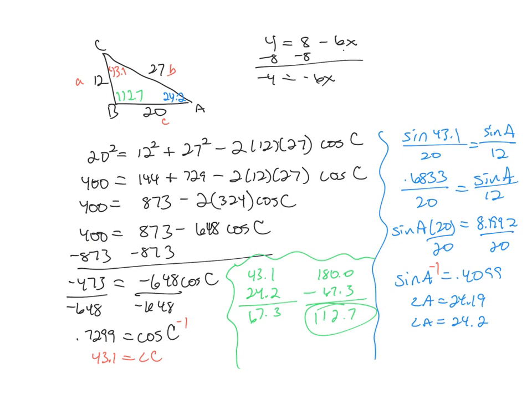Whew. So long problems. Okay. My answer makes sense. Longest side is crossing the longest angle. Middle side is crossing the middle angle. Smallest one, smallest one. So I'm reasonably certain that I did it right.